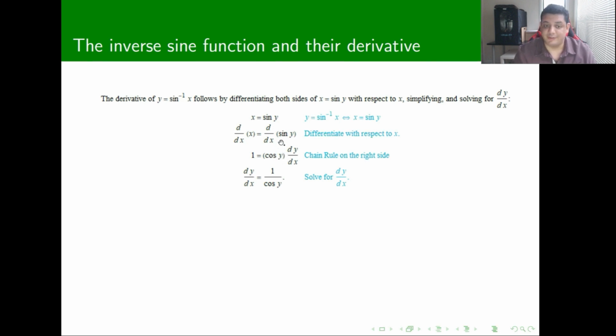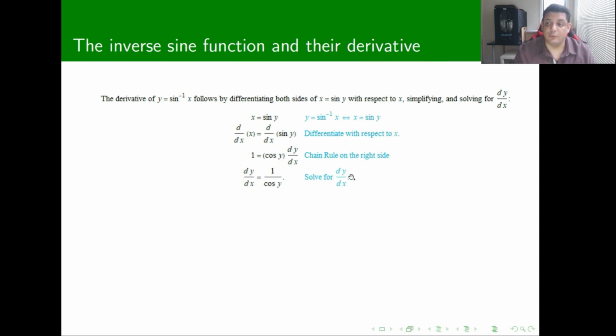But remember, this is an implicit function, so we're multiplying by the chain rule. Every time that we take the derivative of a function of y, we need to multiply by y prime or by dy dx. Once we have this, dy dx is going to be 1 over cosine of y.